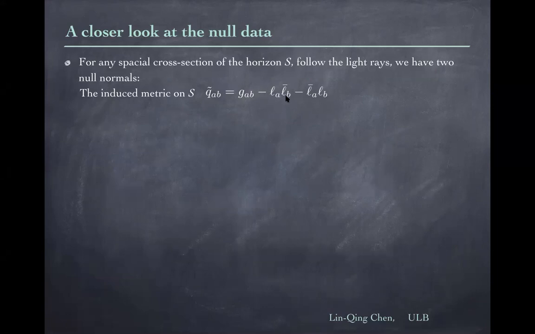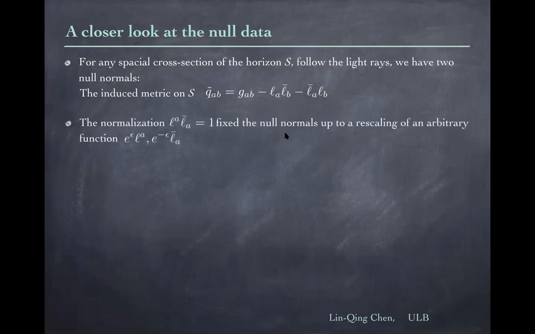The barred one here indicates the one transverse to the horizon, and the unbarred one is the one along the horizon. This is a normalization convention to fix the parallel and transverse null normals to be a constant, but it only fixes those null vectors up to a rescaling by an arbitrary function.